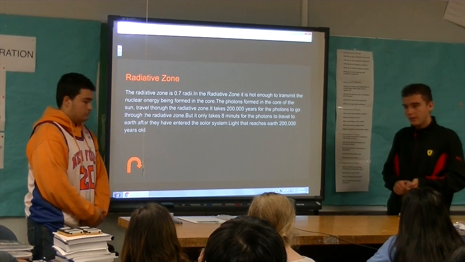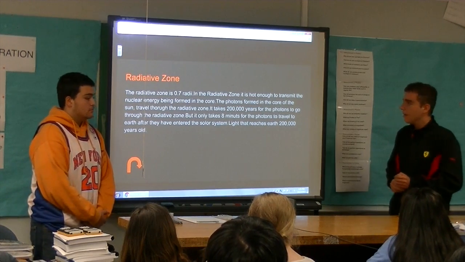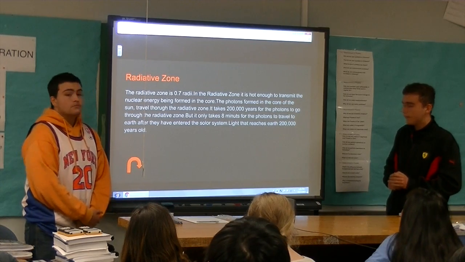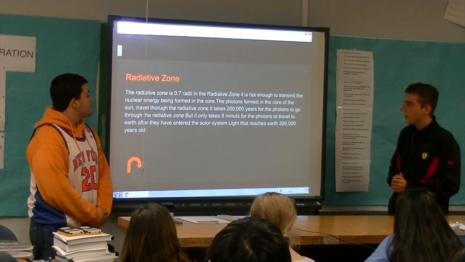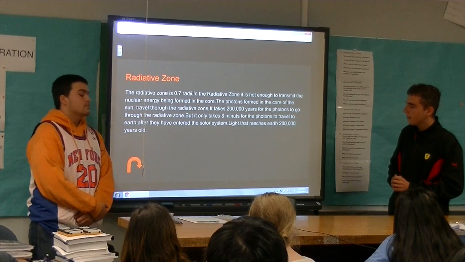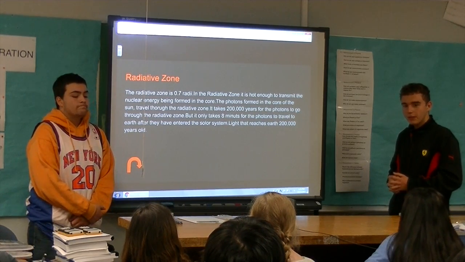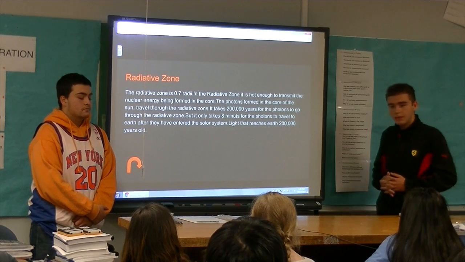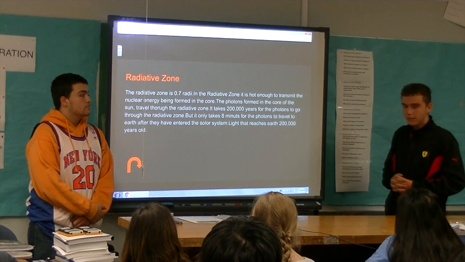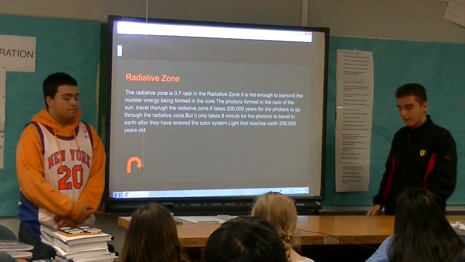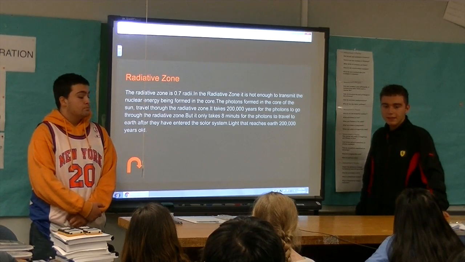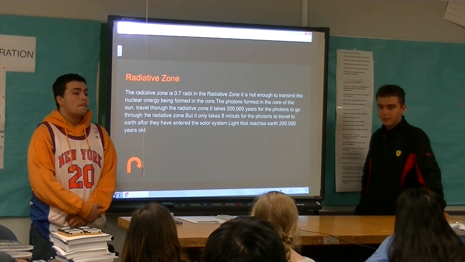Fusion reactions of hydrogen atoms forming into helium take place, and they form gamma rays through photons. These photons travel through the radiative zone, but it takes them a really long time to get through it. It takes about 200,000 years for a photon to make it through the radiative zone, which means the light that we see on Earth from the sun is at least 200,000 years old.